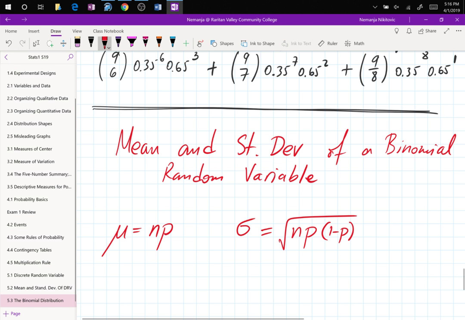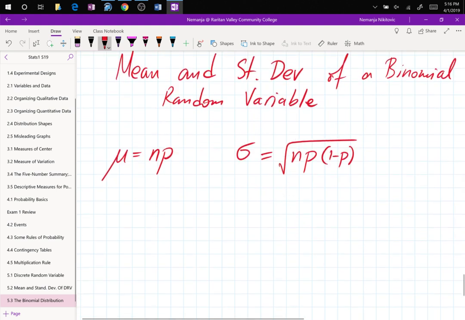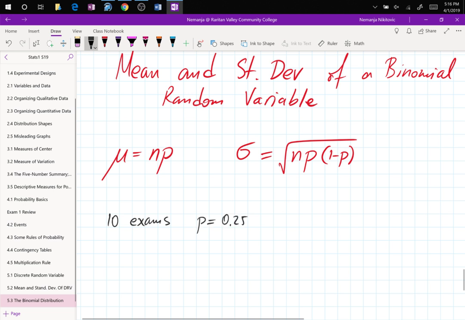So let's calculate the mean and standard deviation for those exams that we had. So we said 10 exams, probability of success was 25%, right? Because to guess correctly, it's 1 out of 4, and the other 3 decoys are all wrong.